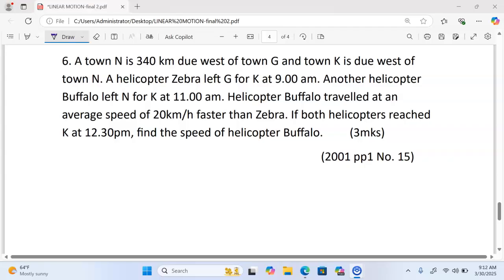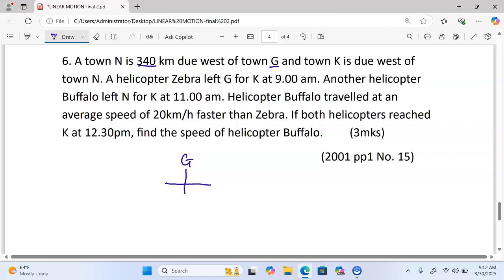We can start by again sketching. We have been told that a town N is 340 kilometers due west of G. So we can locate town G here.